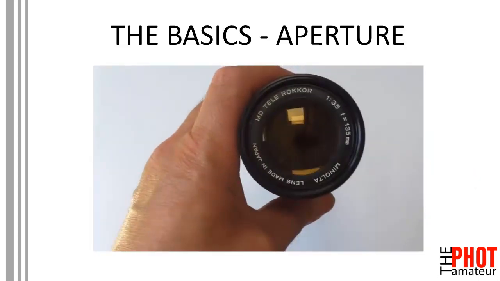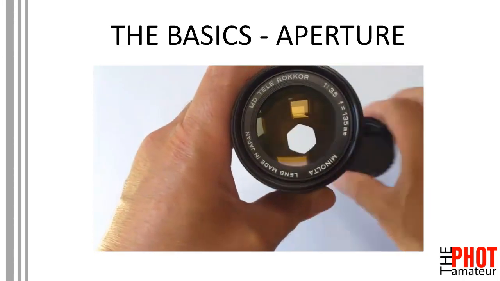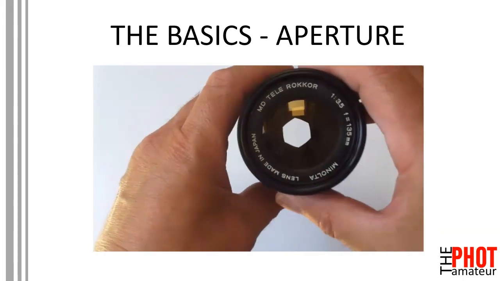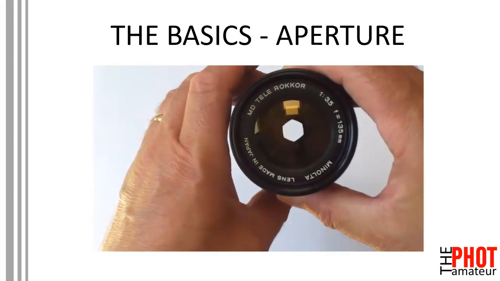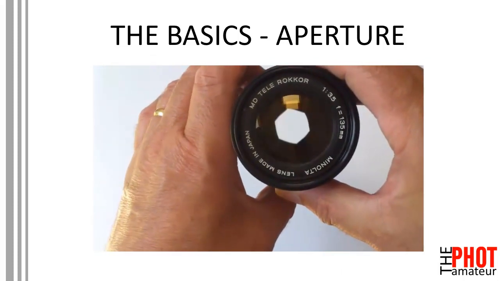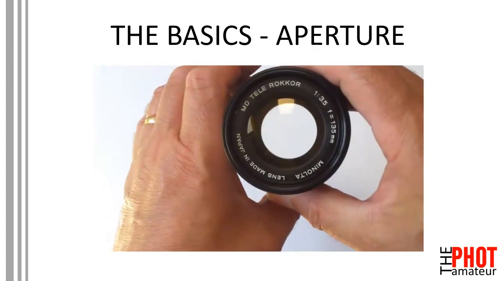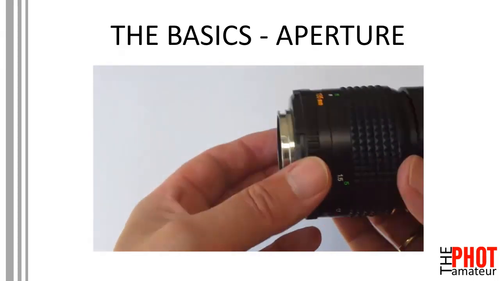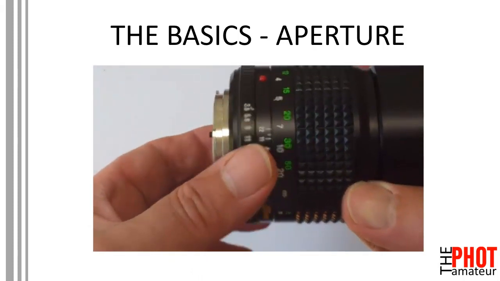Okay, so let's have a look at how that works in an actual lens. Here I've got one of my old Minolta lenses, and you can see here I'm twisting the ring. I've got some white card behind it. Do you see, as I stop down, at one end of the scale I'm going right down to f22, and at the other end it only opens as far as f3.5, this one.